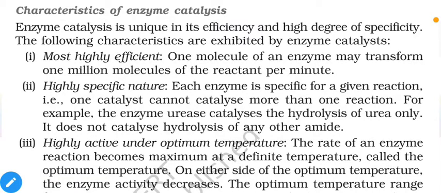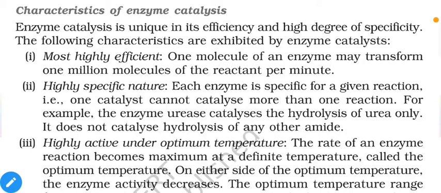Next, highly active under optimum temperature. The rate of enzyme catalysis becomes maximum at a definite temperature, called the optimum temperature. On either side of the optimum temperature, the enzyme activity decreases. That means if you increase or decrease the temperature, then effectiveness of the enzyme decreases. That's why our body maintains a specific temperature.